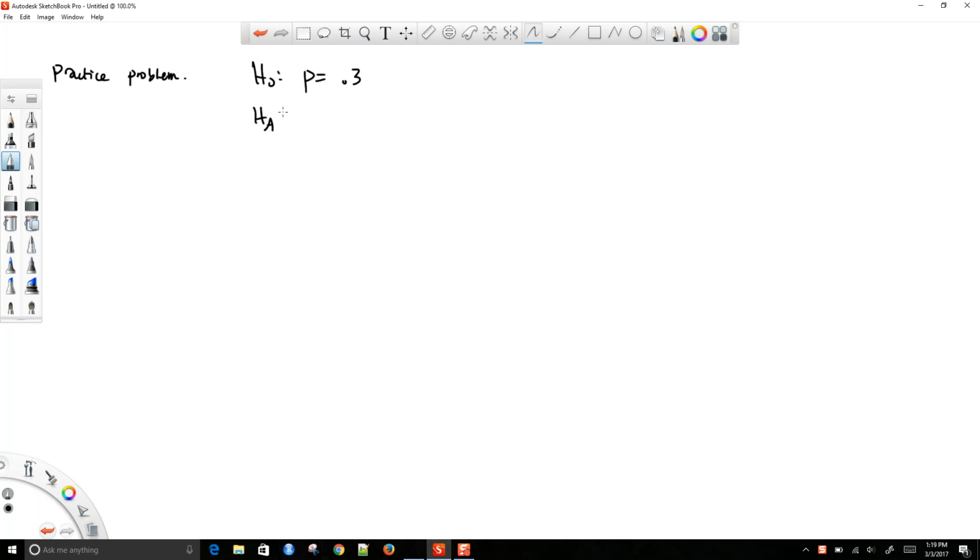The alternative is that P does not equal 0.3. Alpha, we're going to say alpha is 0.05. Then you go through, and we'll pretend we've done all the calculations for the calculation step.